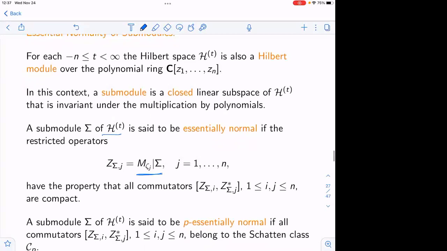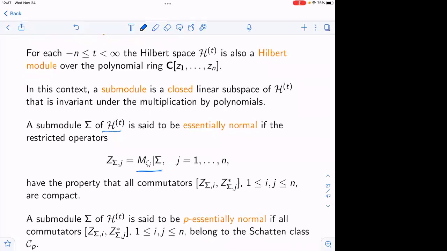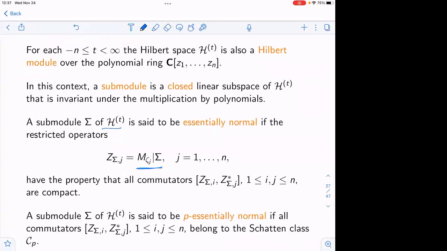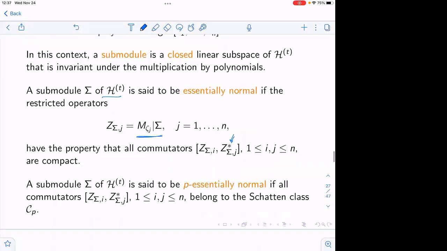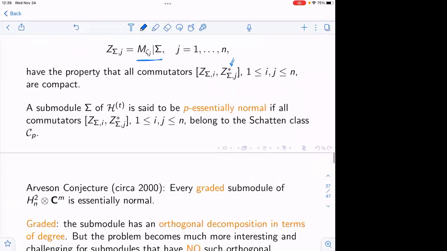You get these restricted operators, and you look at these commutators, and of course the adjoint here is taken on the submodule. This is said to be essentially normal if the commutators are compact, and the submodule is said to be p-essentially normal if all these commutators belong to the Schatten class C_p.